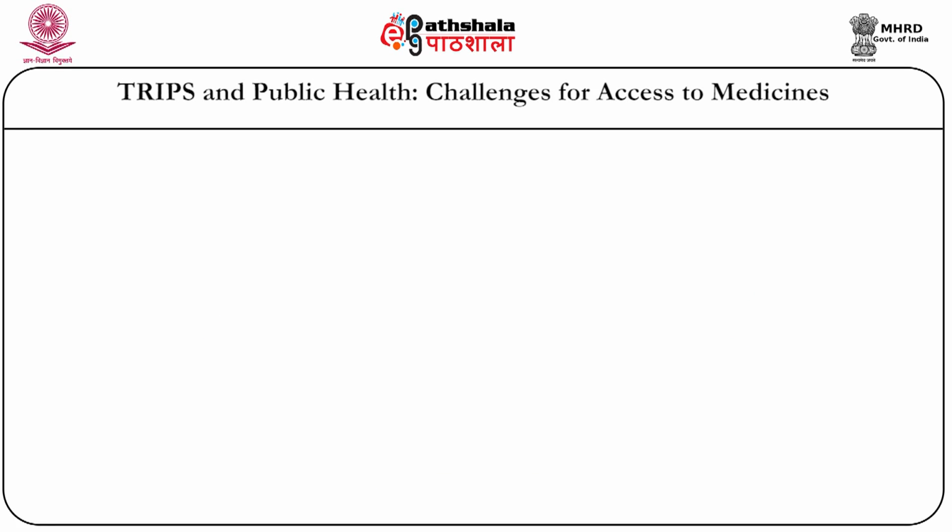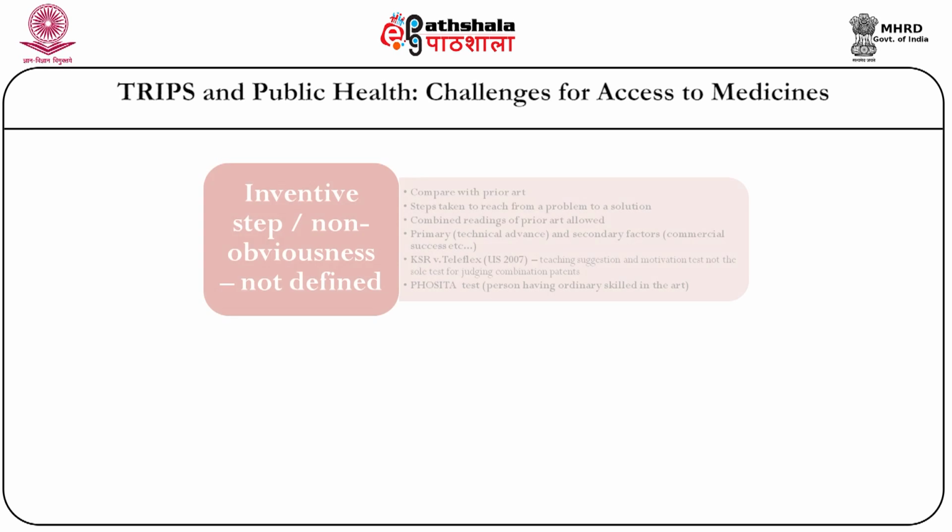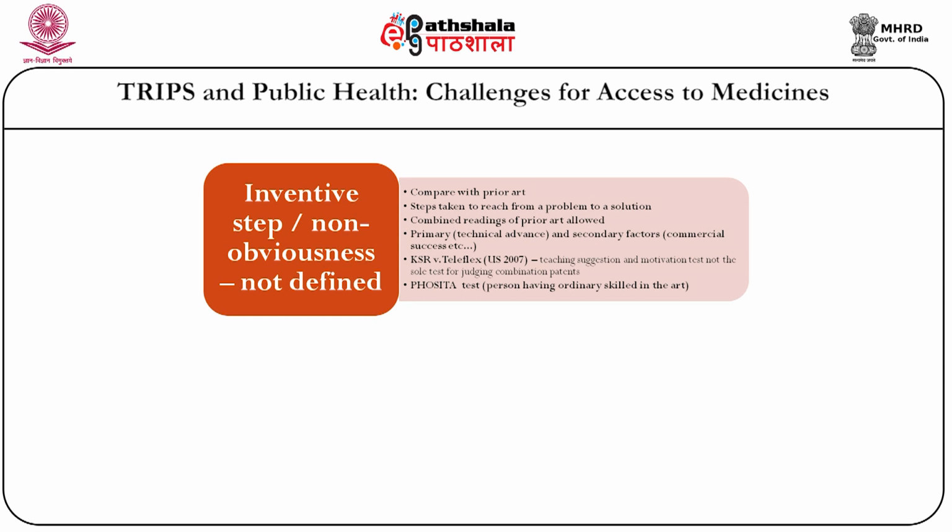The other criterion under the TRIPS agreement is the criterion of inventive step. Again, the TRIPS agreement does not define how this criterion has to be understood and evaluated. Different countries have followed different mechanisms, and what you try to do in inventive step is to find out what steps were taken by the inventor or the patent applicant to define the problem and the solution, and how the solution has been achieved from the problem.